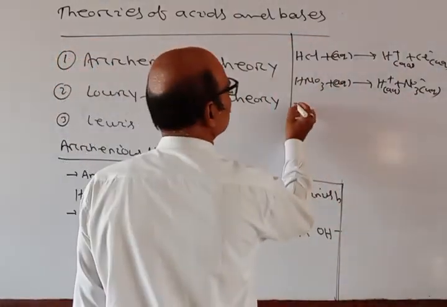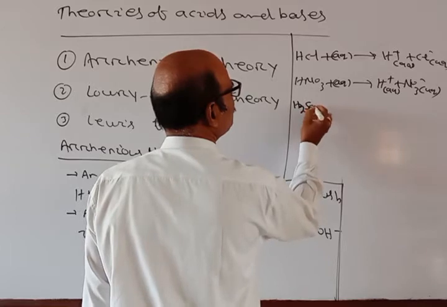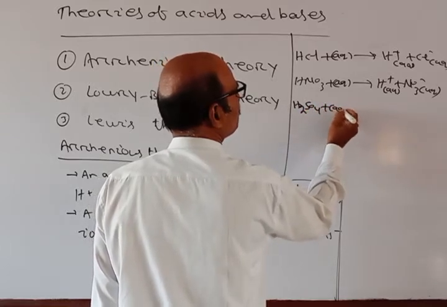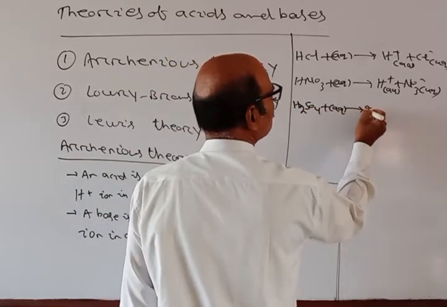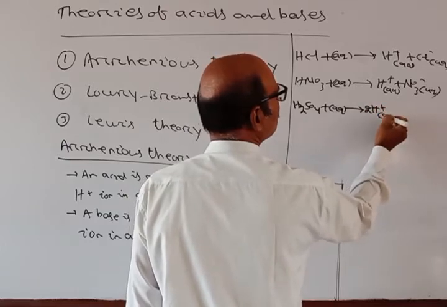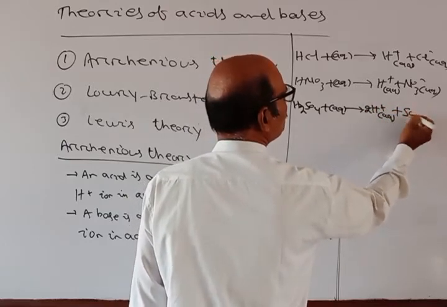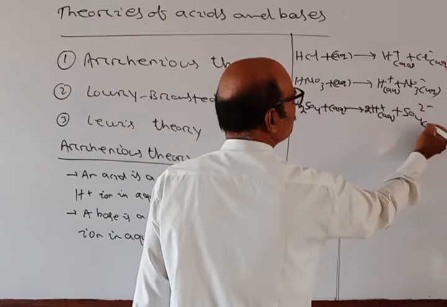Similarly, H2SO4 plus aqueous gives 2H plus aqueous plus SO4 2 minus aqueous.